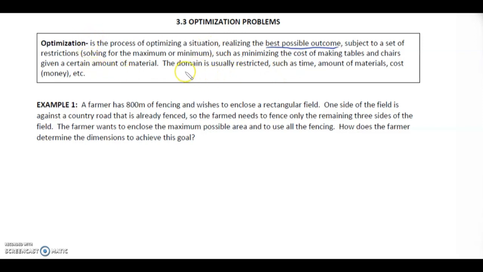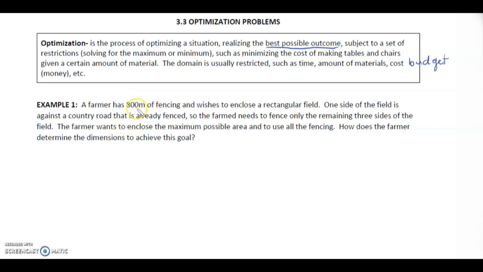And the domain is usually restricted, such as time, amount of materials, cost, as in the budget, right? Money, budget. Okay, and etc. So example 1, we'll dive right in.